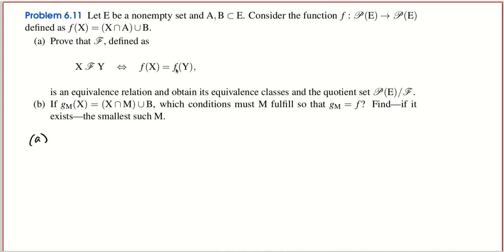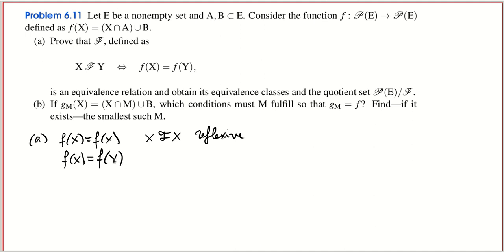The reason is obvious, because f of x is equal to f of x, which means x is related to x. So it is reflexive, right? F of x is equal to f of y is a symmetric relation, because then f of y is of course equal to f of x. So that means x related to y implies y related to x, which means it's symmetric.